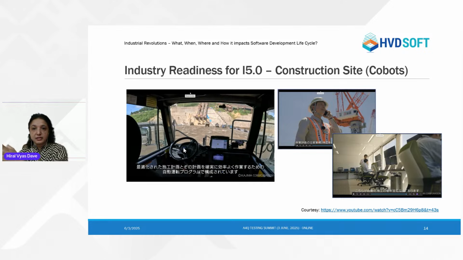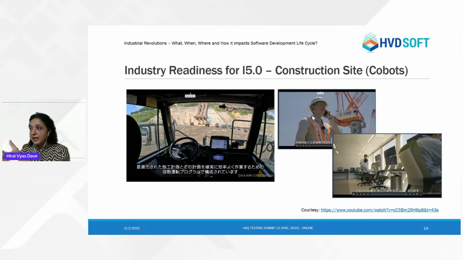These are the machines. If you see it, they are driverless machines. So yes, the machine is playing the role. But when we look here, there are people sitting in a remote place monitoring it. This is a person who is on the site and giving information if anything goes wrong.